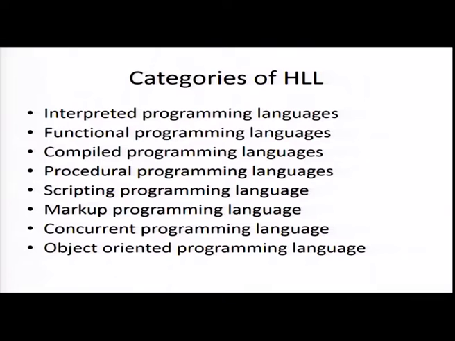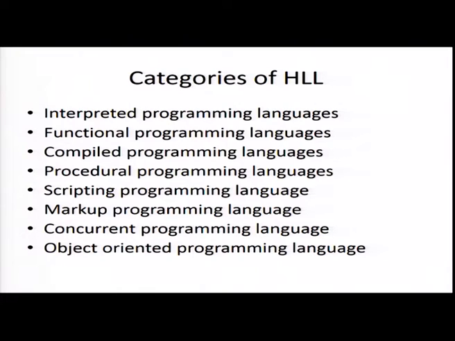Now let us see how these high level languages are classified or categorized. The first category is interpreted programming languages. The second category denotes functional programming languages. The third category denotes compiled programming languages. The fourth category denotes procedural programming languages. The fifth category denotes scripting programming languages. The sixth category denotes markup programming languages.